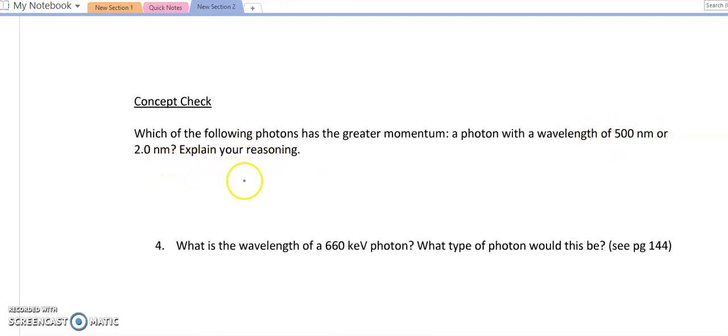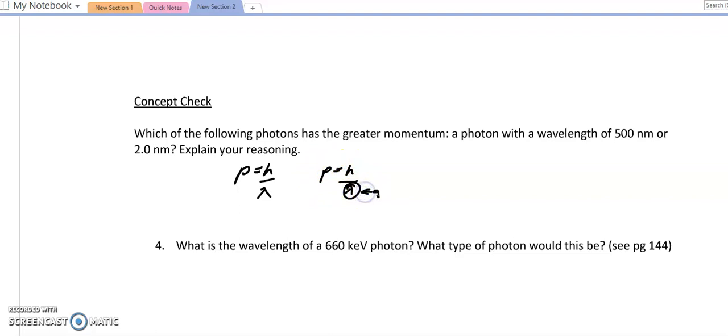And explain your reasoning. Well, if momentum is equal to h over wavelength, which one will generate a greater momentum? Put your thoughts in. Okay, you got it? Well, the greater the wavelength, the smaller this value is going to be overall, which means the smaller the momentum.